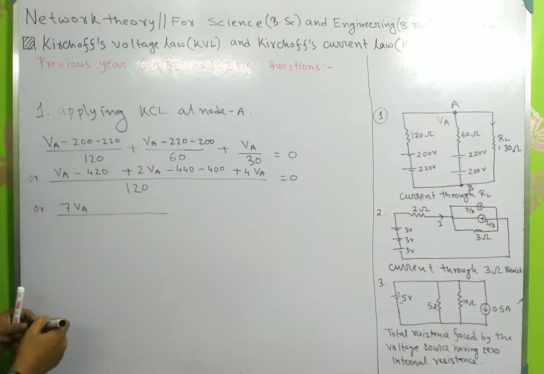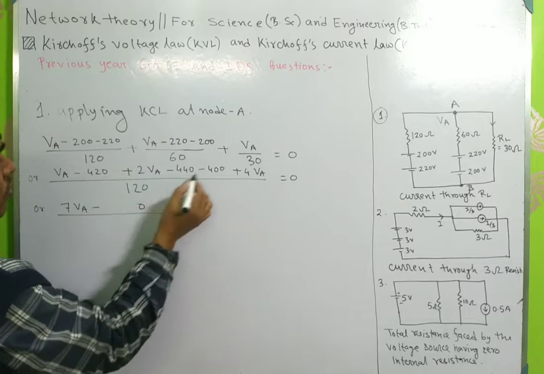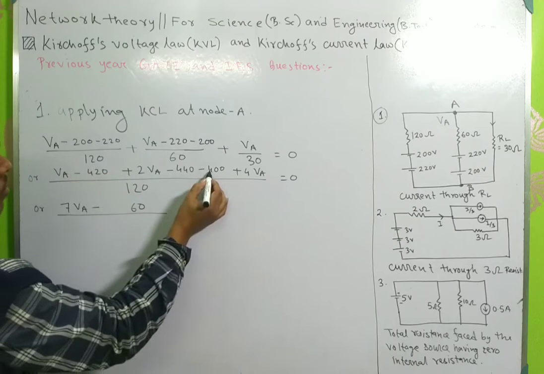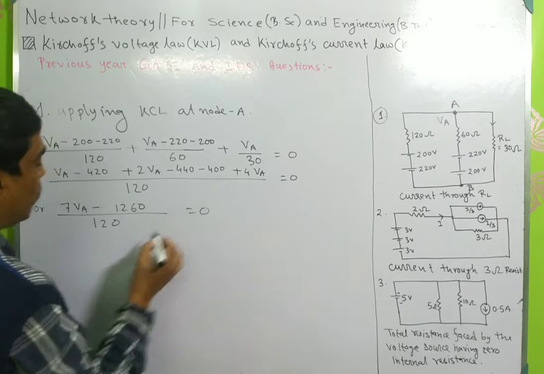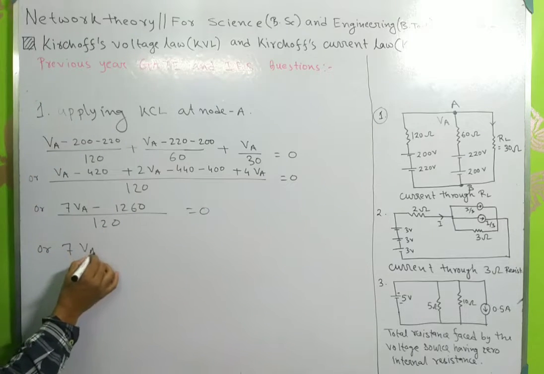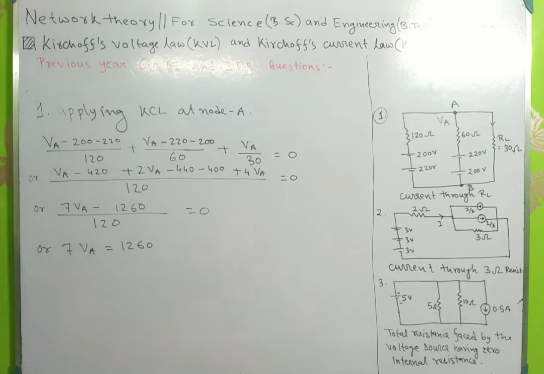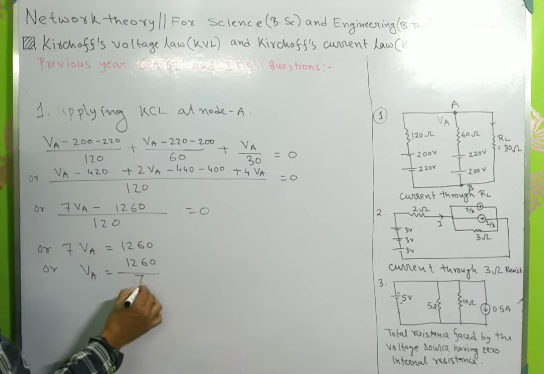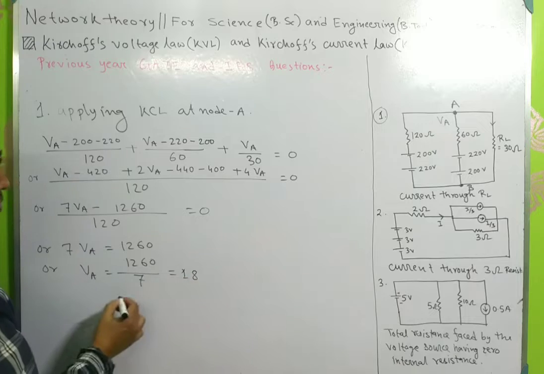And if I add all these values, then it will be 0, 6, and 4, 12 divided by 120 equals 0, or it will be 7 VA equals this. So VA will be 1260 divided by 7, so it will be 180.